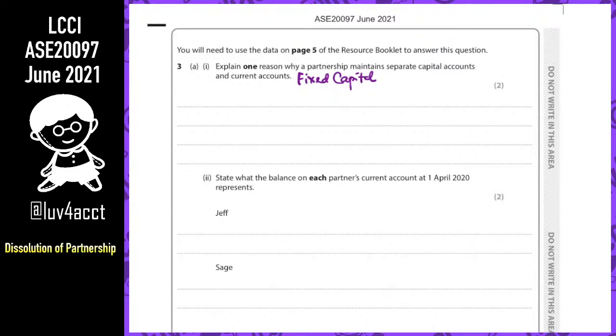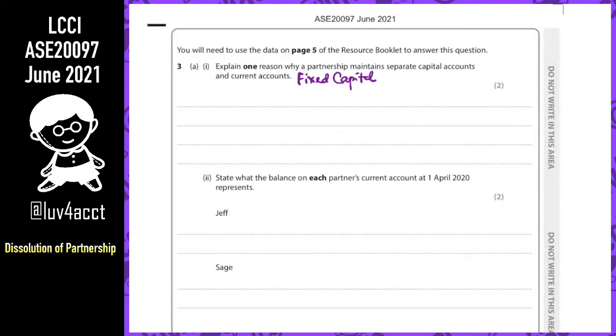And also we can say that we want to know clearly how much investment is made for each partner. And this amount is agreed in the partnership agreement. That's why we don't want to change it.